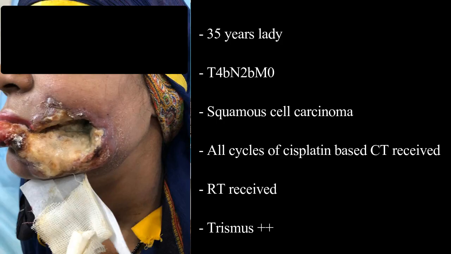She was referred to us from outside, and she had received neoadjuvant chemotherapy, which was cisplatin based. She had received all cycles, also with radiotherapy. The patient also has had trismus. I would like to ask, how would we approach this patient, and what would be the management in this case?